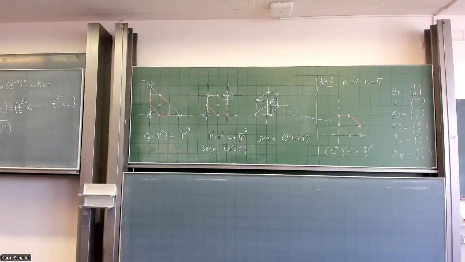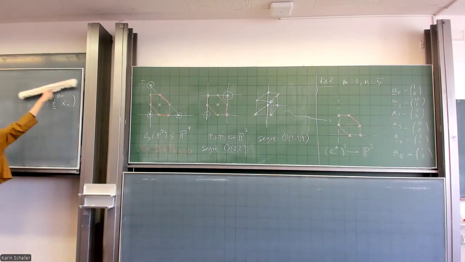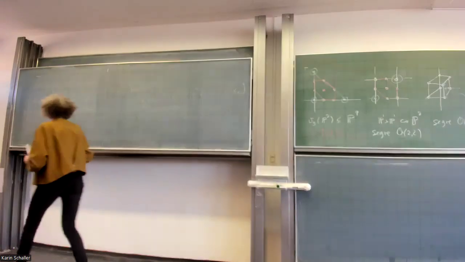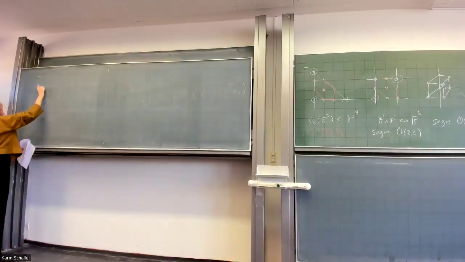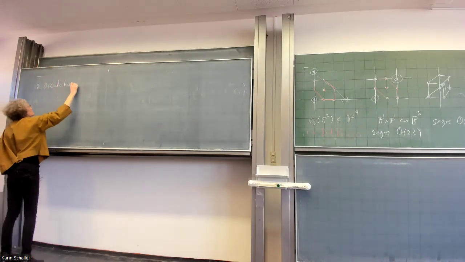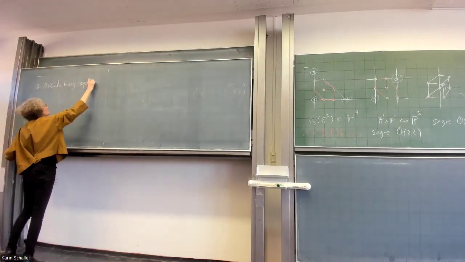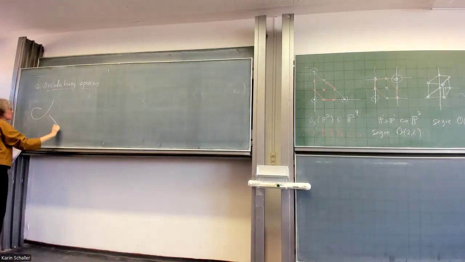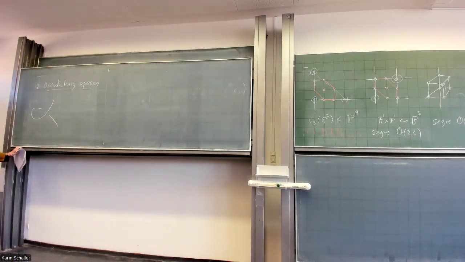So let me briefly say something about osculating spaces. Just to give you the idea, let's take a curve in space. You have a point. Let's say it's parameterized by a variable t.